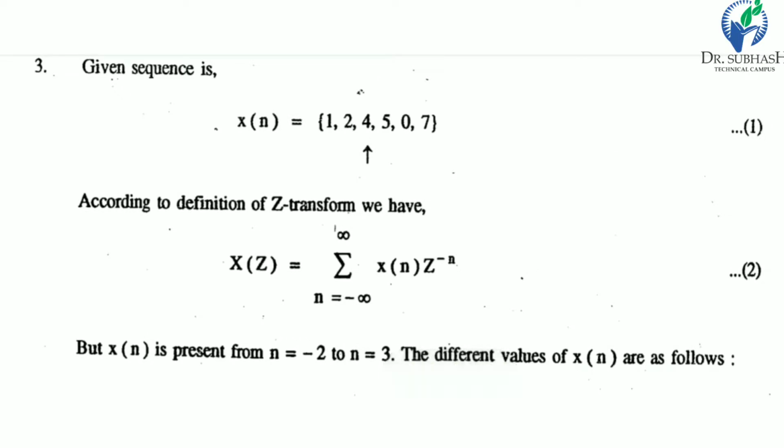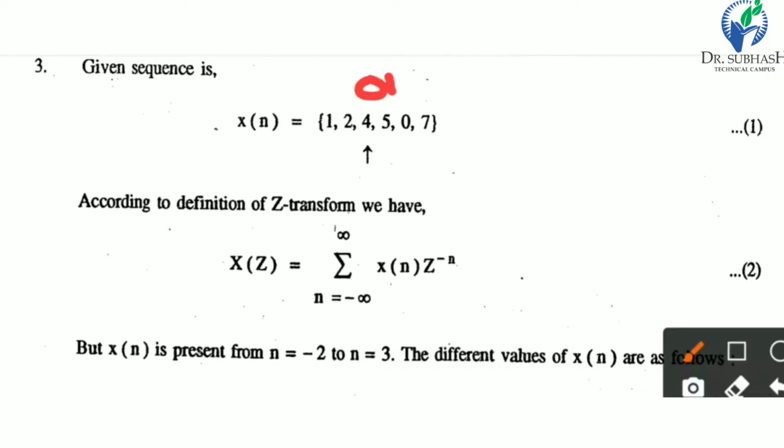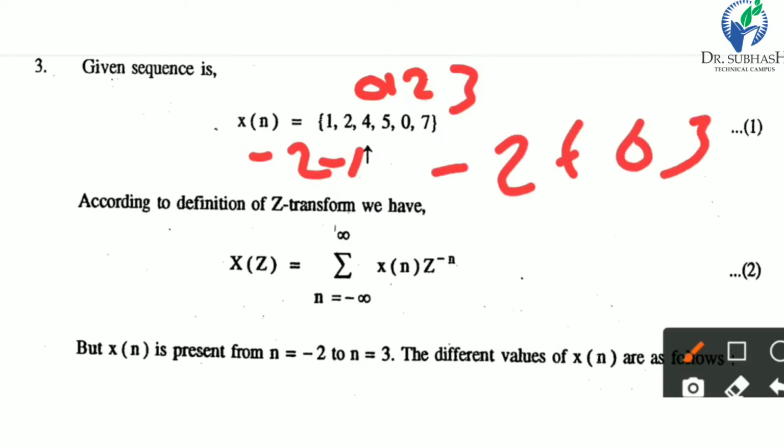For finding the sequence, we have 4 at 0, 5 at 1, 0 at 2, 7 at 3, 2 at minus 1 and 1 at minus 2. So the range of n becomes minus 2 to plus 3.